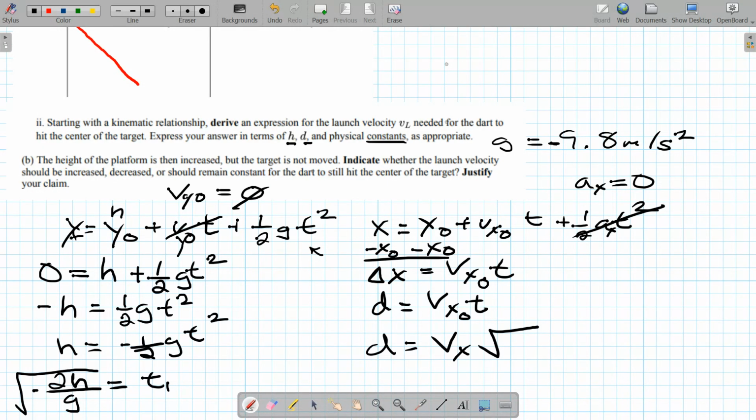They said also to write it as v sub l, which is the launch. So v sub x, because it's parallel to the launch site, would be vl.